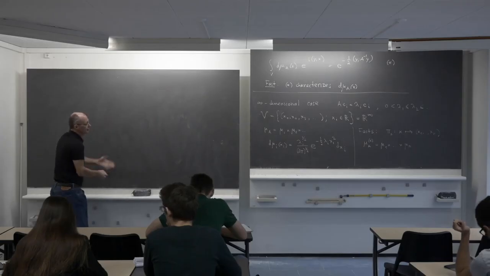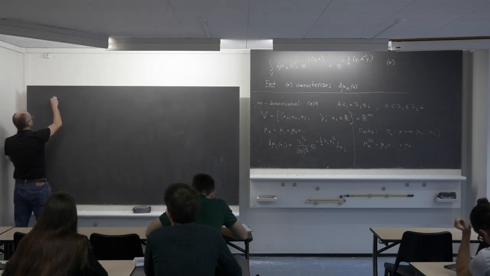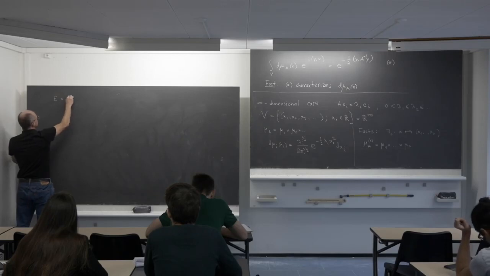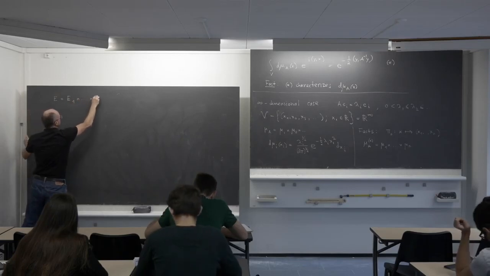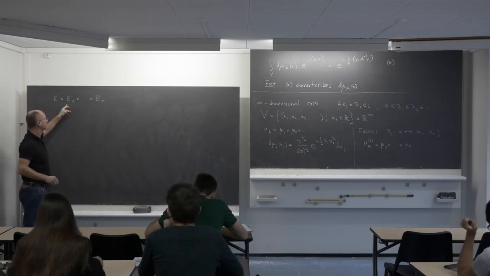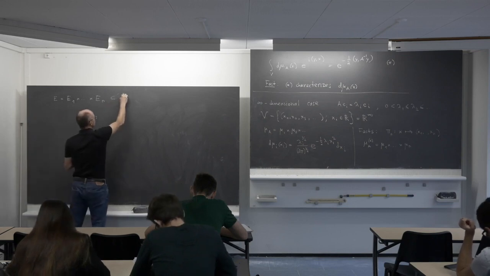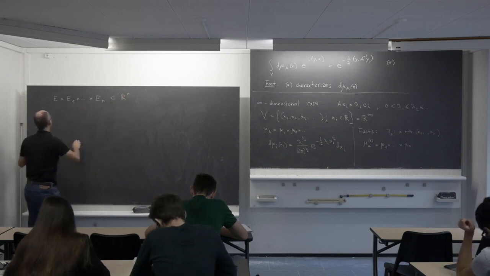Now just imagine what this μ_A is doing. Suppose we have E, a product of subsets of R. So this is sitting in R^n.